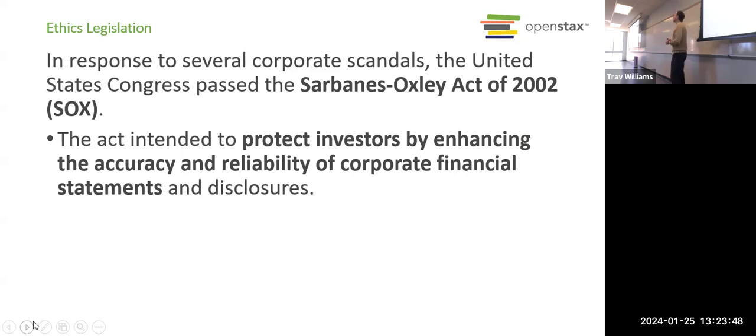But the thing is, scammers are always going to scam, right? There's always going to be fraud out there. There's always going to be people trying to cheat the system. So my guess is next time, and by the way, our stock market just hit record highs again. We are in territory the stock market has never seen before.